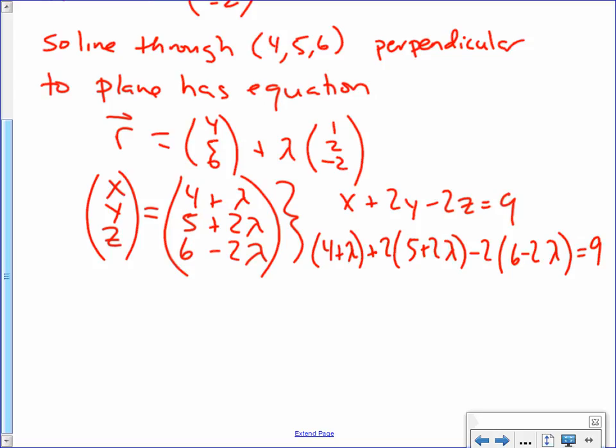Do you believe me when I say that all of that just reduces down to 2 plus 9 lambda? You believe me? It should work out.